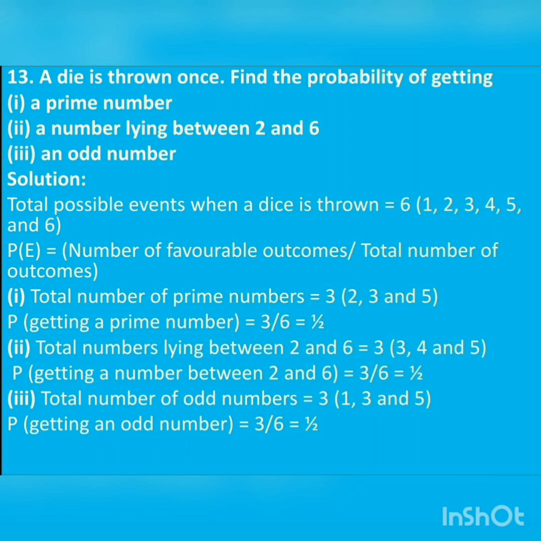Second is a number lying between 2 and 6. Between 2 and 6, there are 3 numbers: 3, 4, 5. So its probability is again 3 by 6. And the last is an odd number. Which of these are odd numbers? 1, 3 and 5. So what is the probability of getting it? Again 3 by 6, that is 1 by 2.